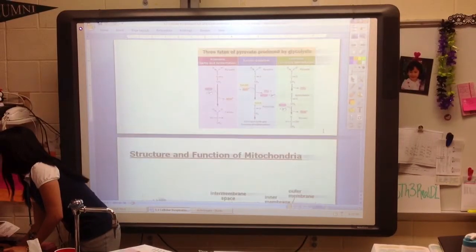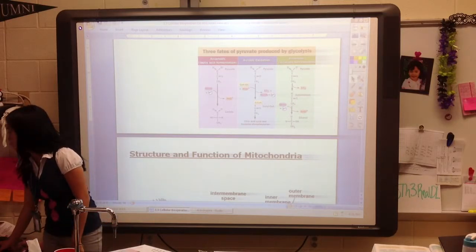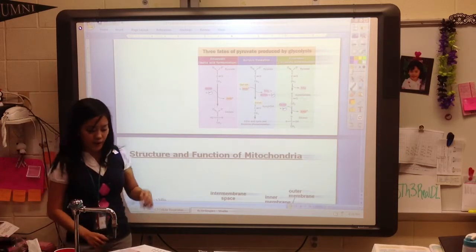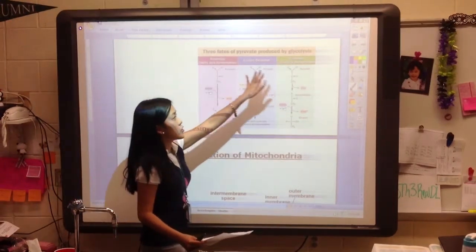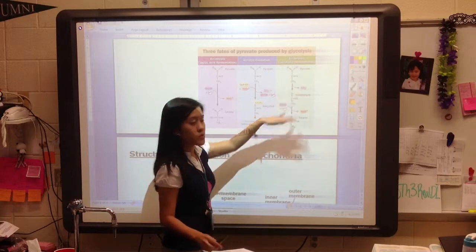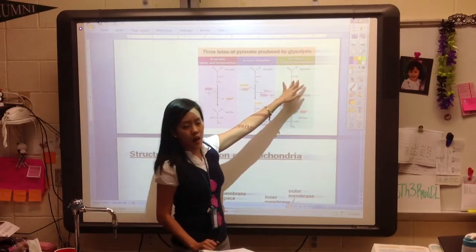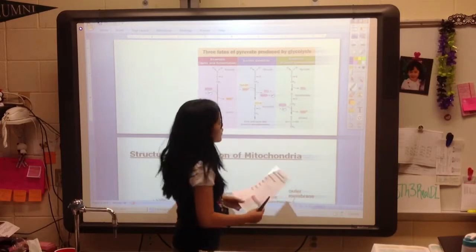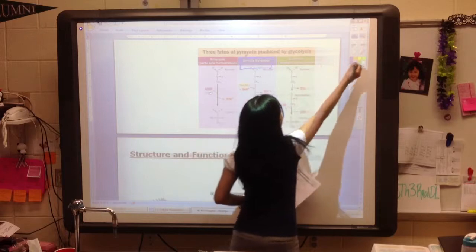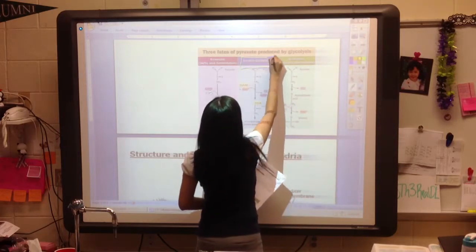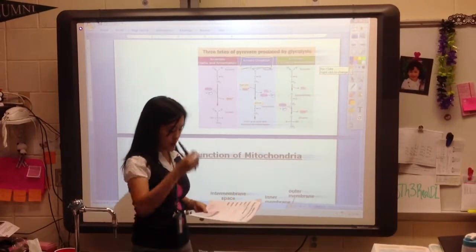So looking quickly at a little overview of this, there are 3 fates of pyruvate, 3 things that can happen to pyruvate after glycolysis has been performed. You can go through 2 types of anaerobic respiration, which we talked about previously, lactic acid fermentation and alcoholic fermentation. And today we're really going to concentrate on this aerobic oxidation, so we need oxygen for this process.